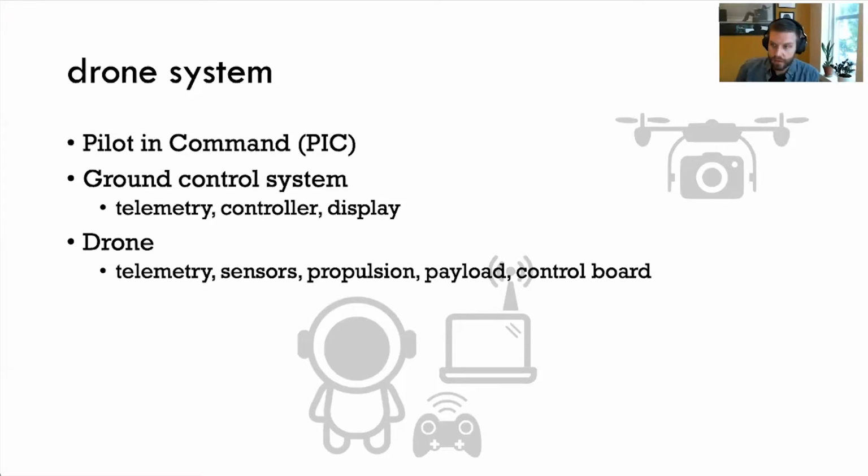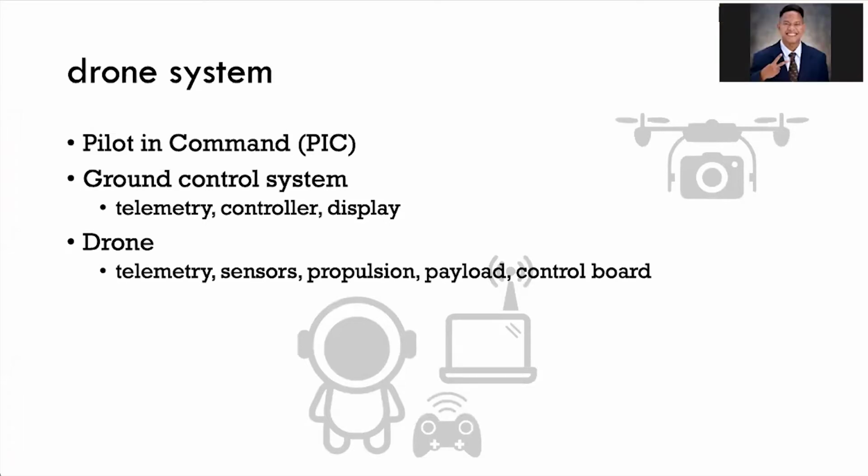And that includes telemetry that allows the signals to be passed back and forth between the controller and the drone. A controller that the pilot and command can use to control the drone and adjust its flight path, and some sort of display so that they can monitor, possibly seeing what the drone sees through its camera, and being able to observe all the details about its status.